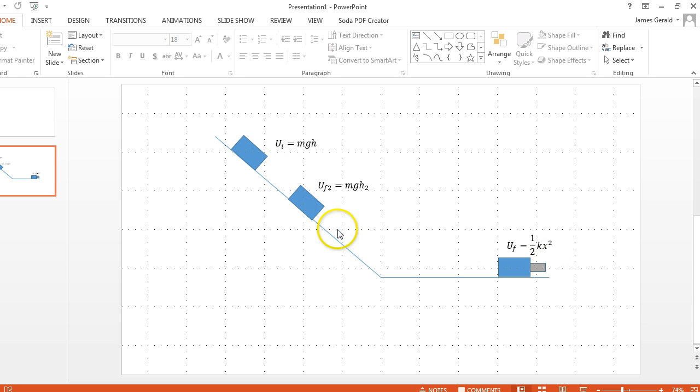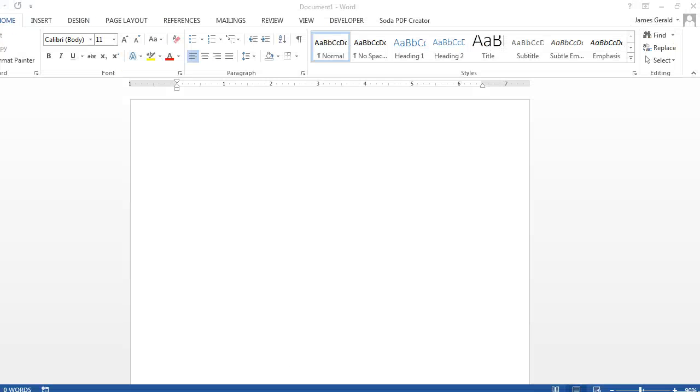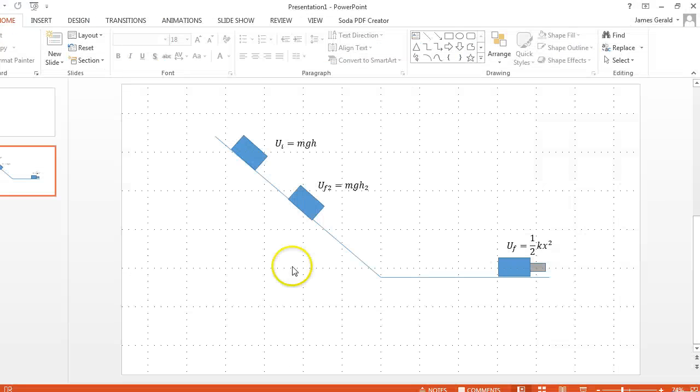So the question for you is how far back up the slope it makes it. Let me look at the question again: what vertical distance does it move back up the incline? You don't have to worry about this distance. You only have to worry about this distance, the vertical distance.